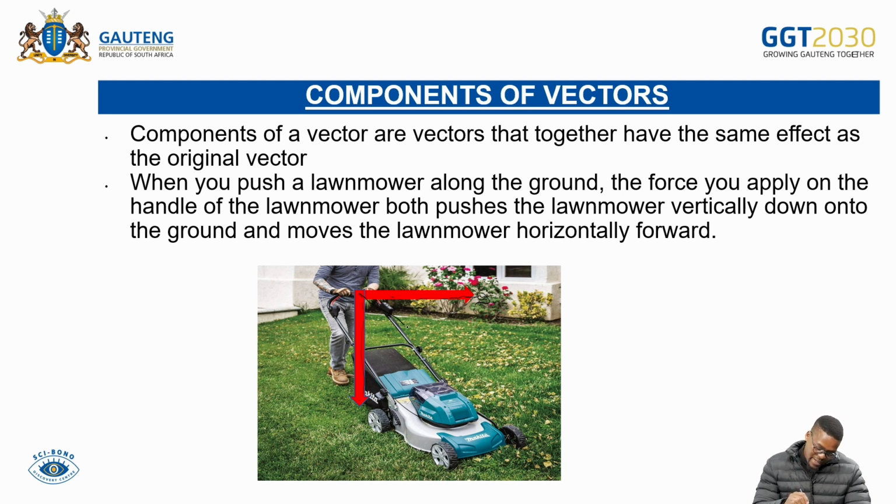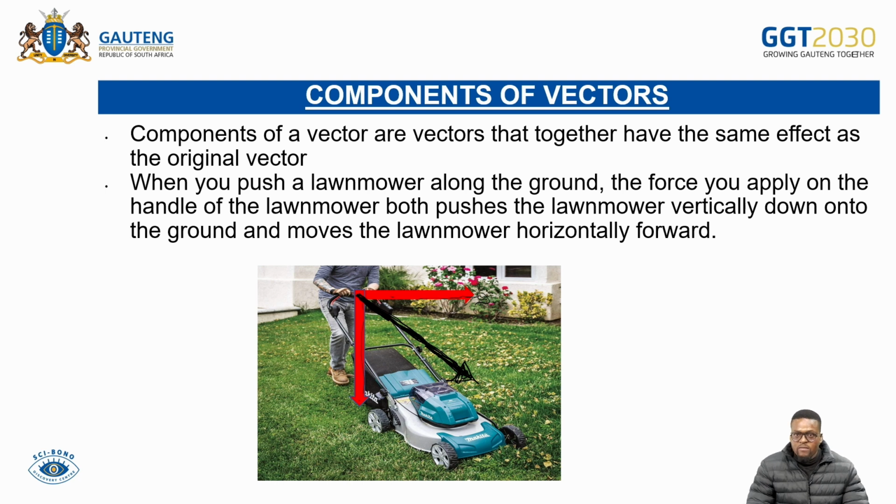Remember, he is applying a force in this direction. I'm not sure if you're going to see, but the guy or the lawnmower is applying a force in this direction. This direction is applied at an angle, which simply means it has two components. There is the Fx component, which is the horizontal component, and then there is a vertical component.